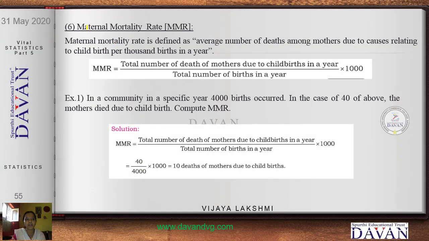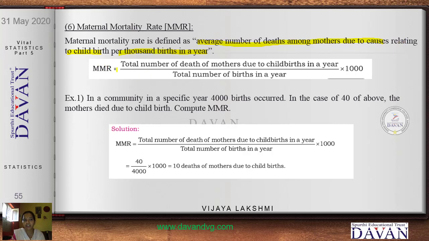The sixth type, maternal mortality rate, MMR. So it is defined as the average number of deaths among mothers due to causes relating to childbirth per 1000 births in a year. Now we consider, in a group of 1000 births, how many mothers on an average have died due to various causes relating to childbirth.